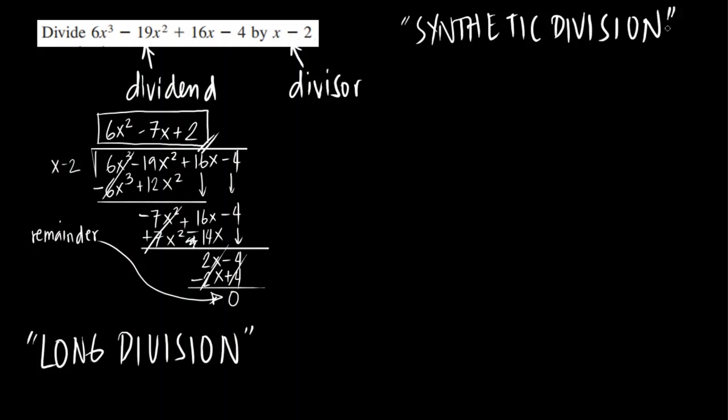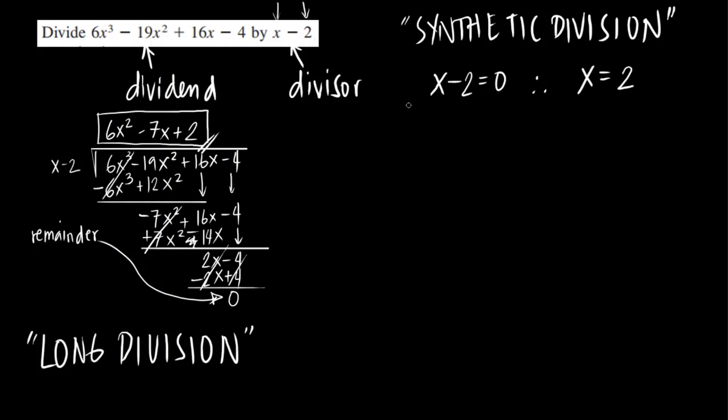With synthetic division, it is very useful if your divisor is a binomial. So just like this, first term, second term. Because you should know that the divisor is a factor of your whole dividend. So if it is a factor, x minus 2 equals 0, therefore, x is equal to positive 2.